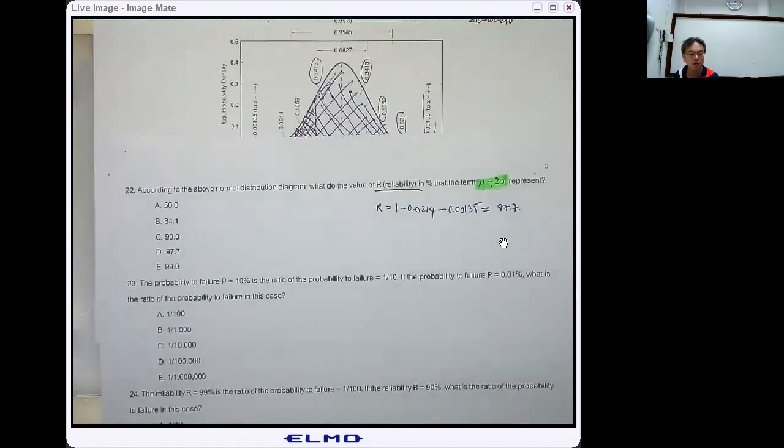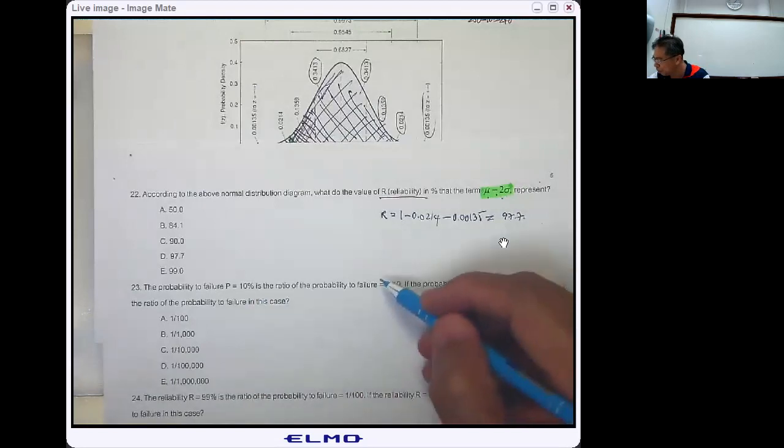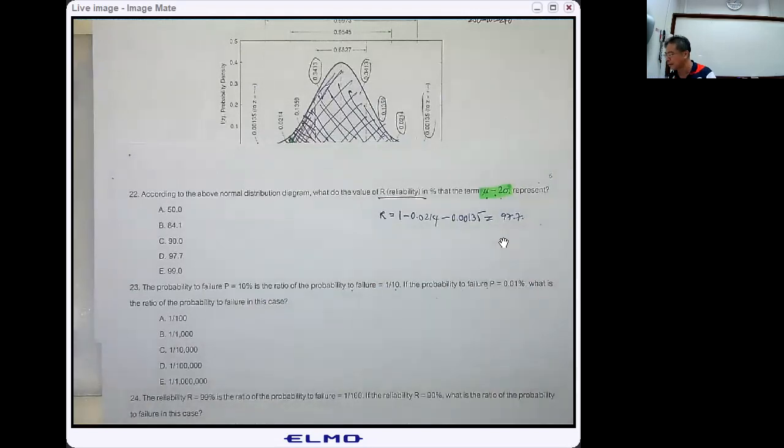The probability of failure is 10%. A probability of failure of 10% is the ratio of the probability of failure of 1 in 10. If the probability of failure is 0.01%, what is the ratio of the probability of failure in this case?